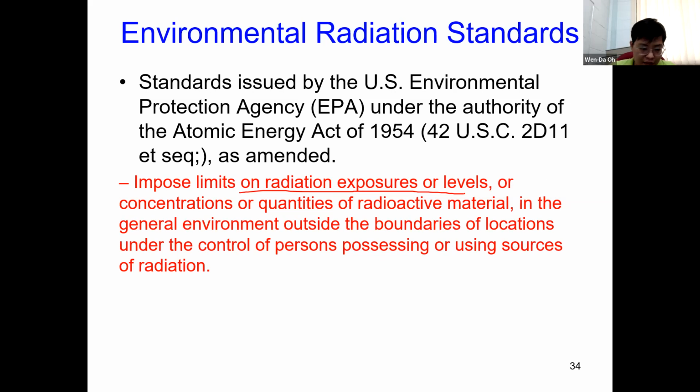Sometimes people who are exposed to radiation can be radioactive themselves. Let's say they have been exposed to uranium and have uranium in their body. When they walk around, the surrounding people will also be exposed to this kind of radioactive material. So you have to take precaution.